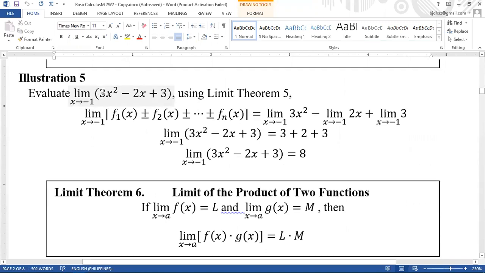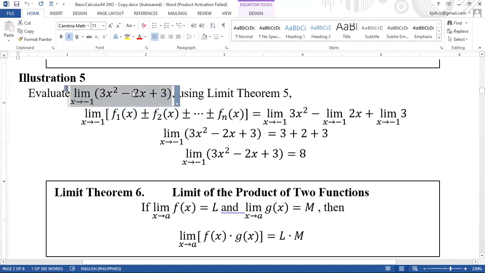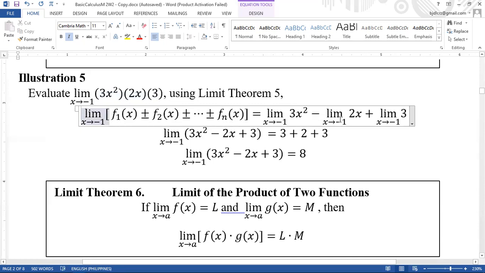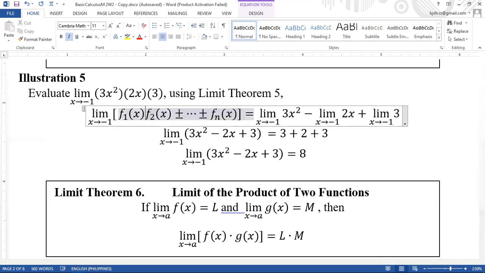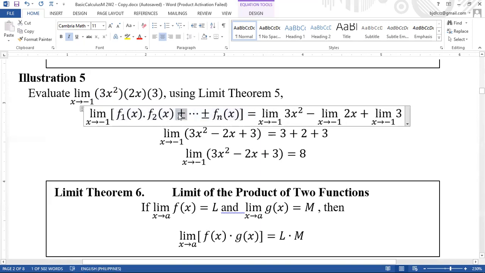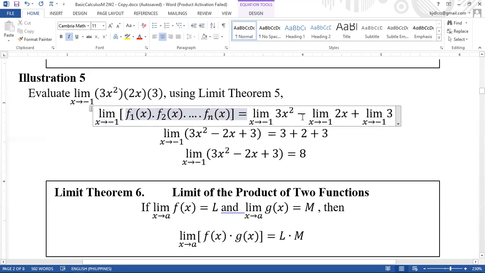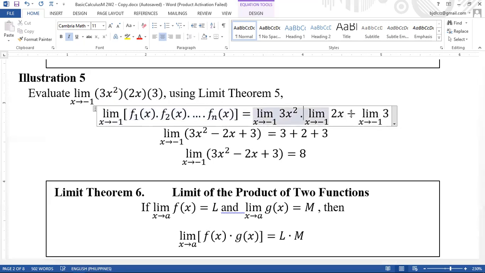The limit of 3x squared minus 2x plus 3 as x approaches negative 1. We multiply all of them.